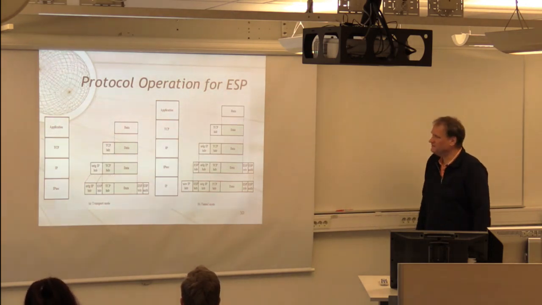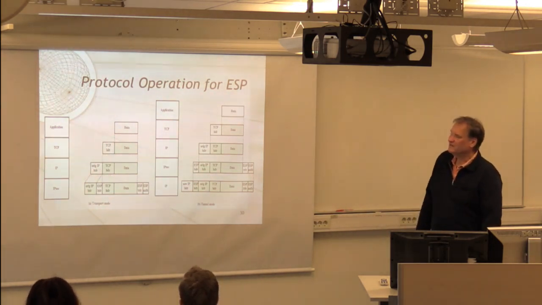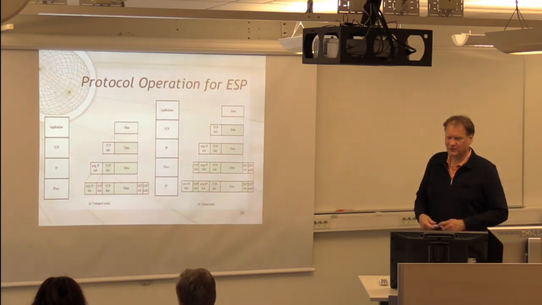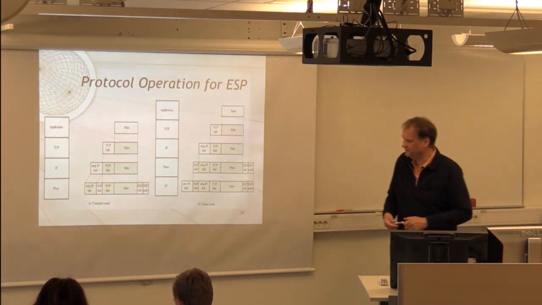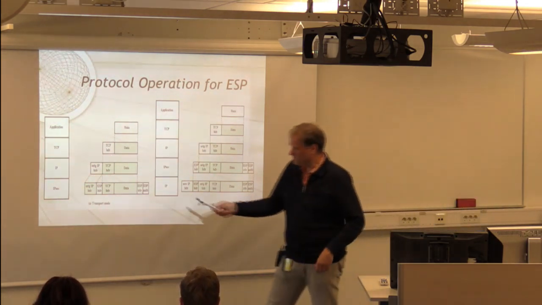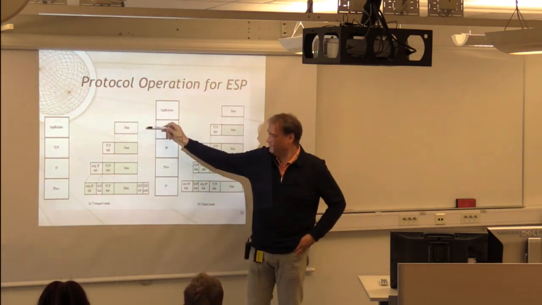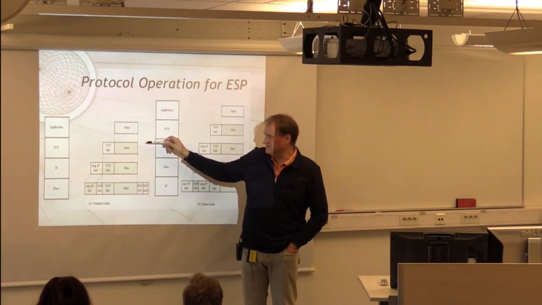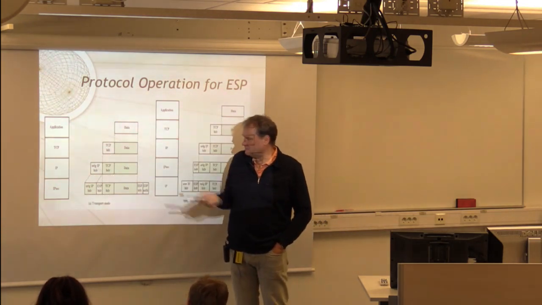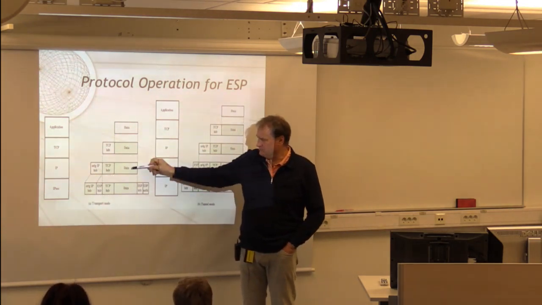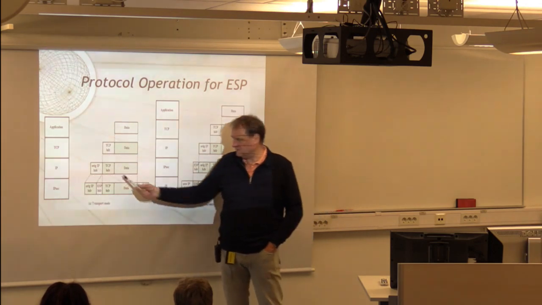So here we see from a protocol stack point of view, what is happening here. So here we have transport mode to the left here. An application creates data, puts it into a TCP segment, adds a TCP header, pushes down to IP. IP adds an IP header.